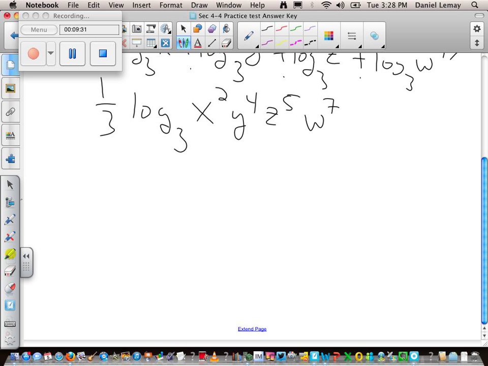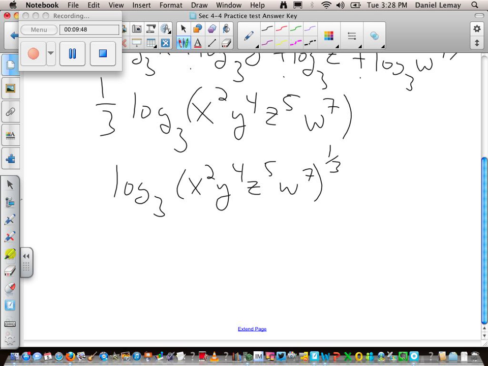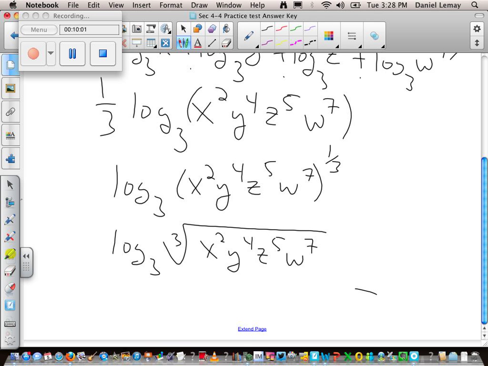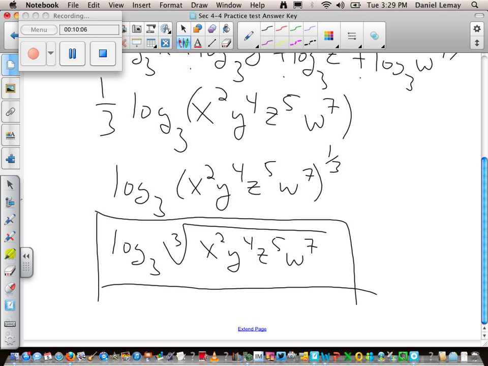And to make this look a little easier, I know the 1/3 is an exponent, so I can treat it as an exponent and bring that 1/3 up above, to the 1/3. And then to make this look a little more tame, let's take the cube root of x squared y to the 4th, z to the 5th, w to the 7th. Okay, and that would be a slick way to leave the answer.